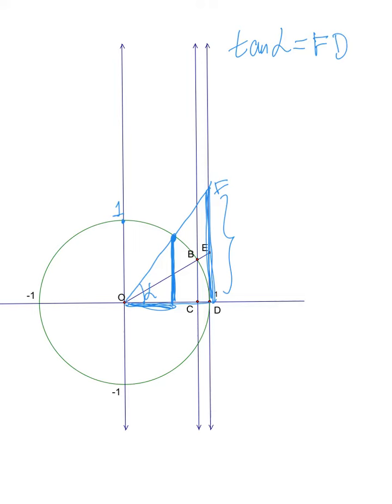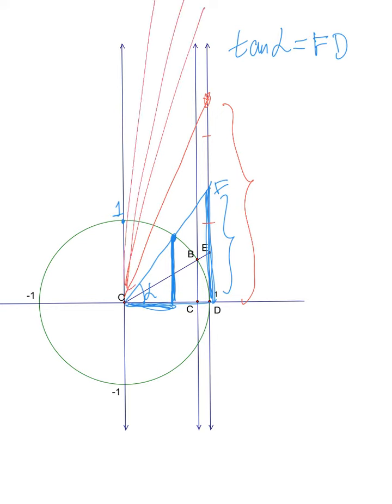And what will happen when the angle increases? This tangent value is even larger. This one is even more than 2 probably. And we can make it as large as we want as the angle increases and gets closer and closer to 90 degrees. So what happens with tangent of 90 degrees?